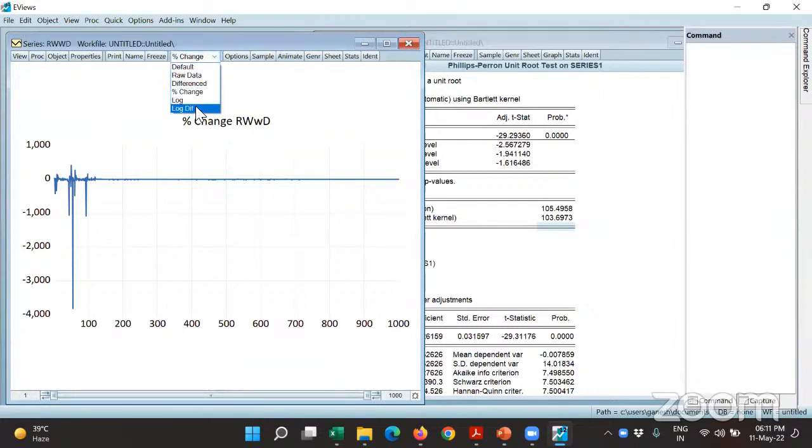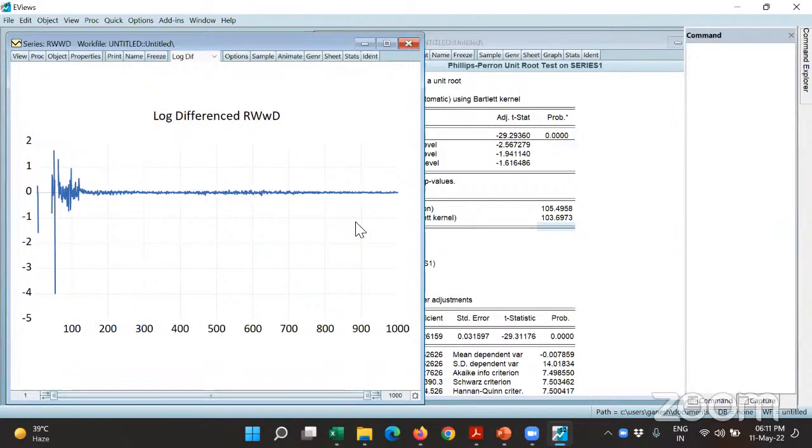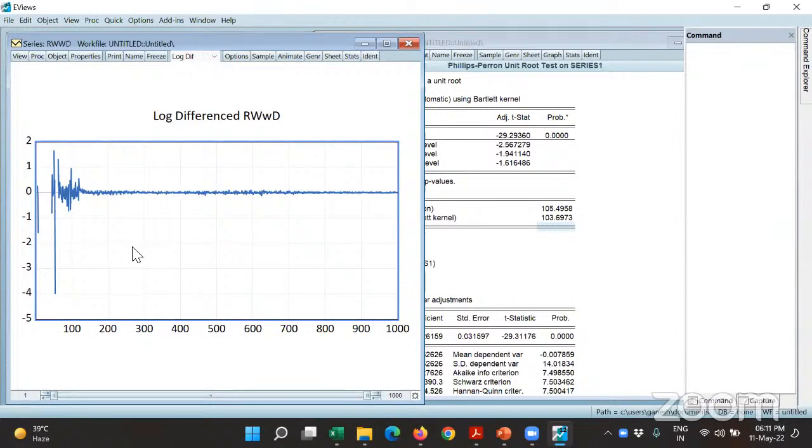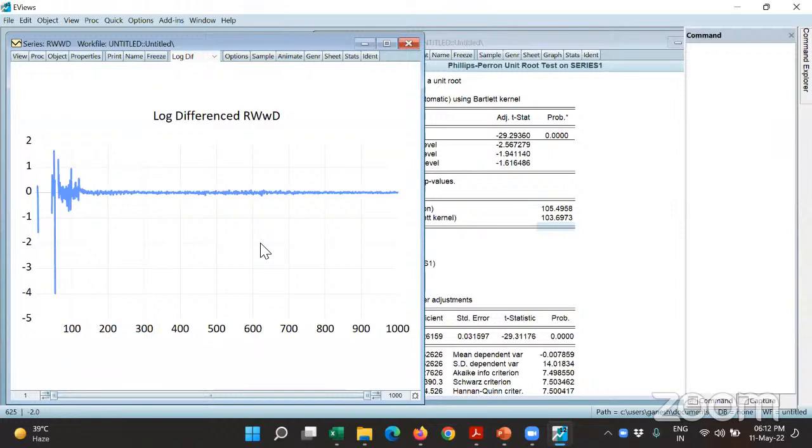You also have a log difference, which gives you the attributes of the data set itself. There are a couple of jumps, but not too many jumps. Probably that is part and parcel of your test results itself. So there are jumps, and there could be certain structural breaks in your data set which you need to account for while analyzing this kind of series.